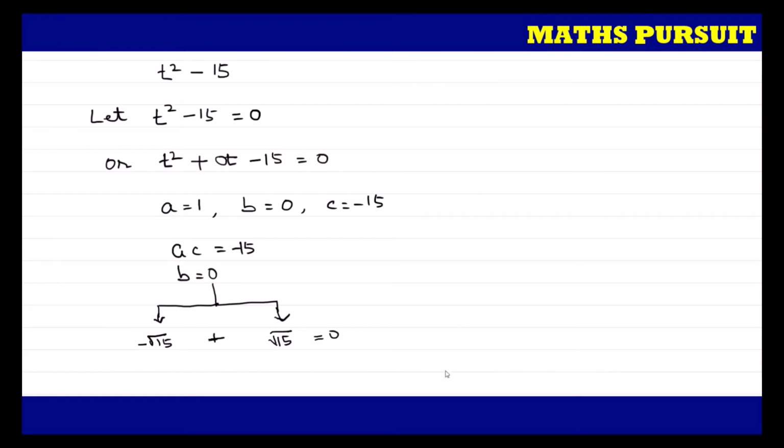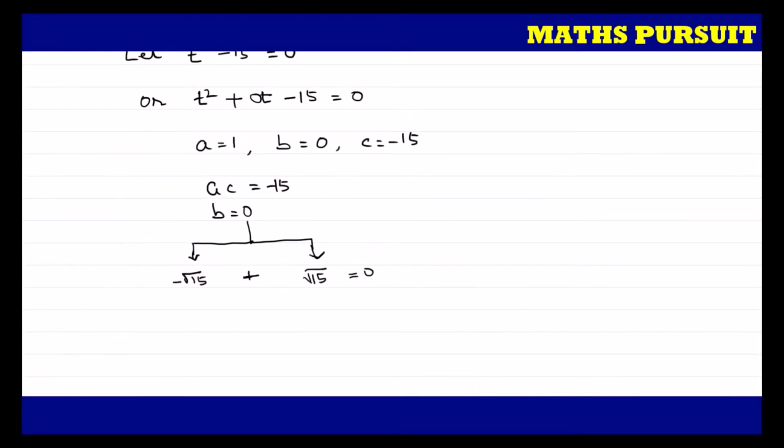And if I multiply minus root 15 into plus root 15, you will see that I will get minus 15, because root 15 into root 15 is 15 and we have a minus symbol. So this minus 15 is equal to this one. So it satisfies our condition.